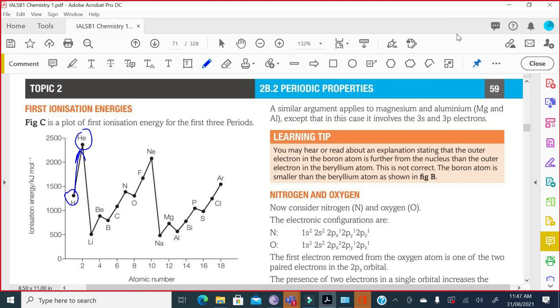The reason for that is that hydrogen is 1s1 and helium is 1s2. 1s1 means you are eliminating 1 electron from hydrogen, which is a free electron. And 1s2 means there are 2 electrons in helium, so it is completely filled. So we have a concept of half filled and completely filled.